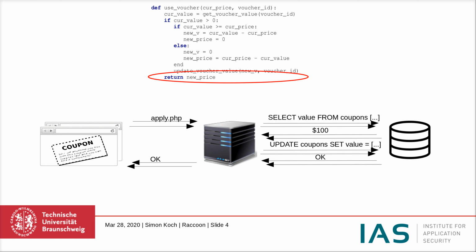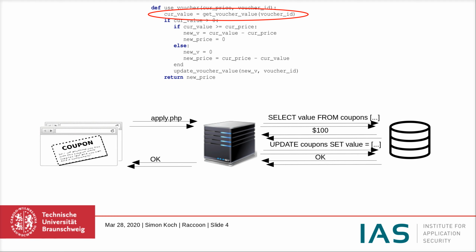However, this behavior is quite unexpected, as previously we were only able to apply the coupon once. Now we were able to apply it twice. What happened? When we have a look at the function again, we can see that the first action performed is the reading of the current coupon value in the database. This is performed by each worker independently and at the same time.